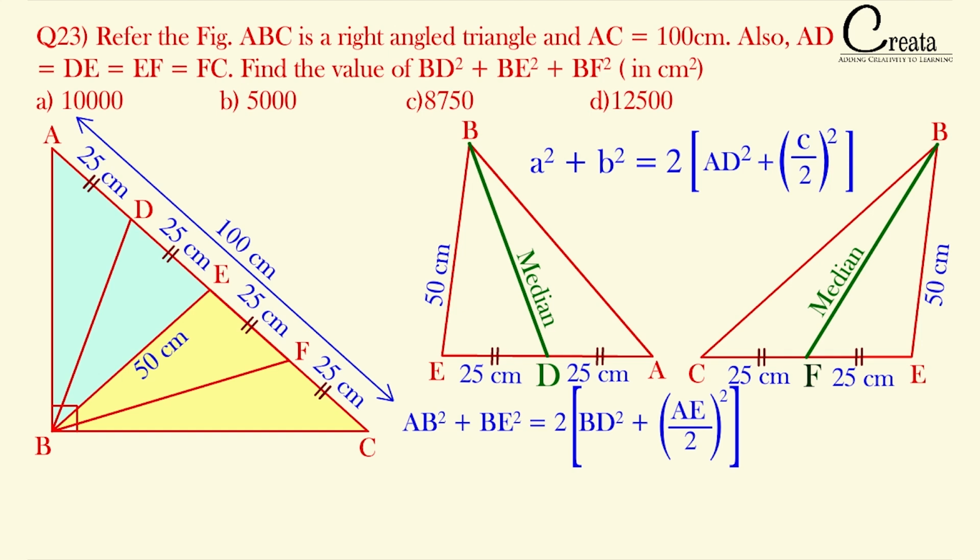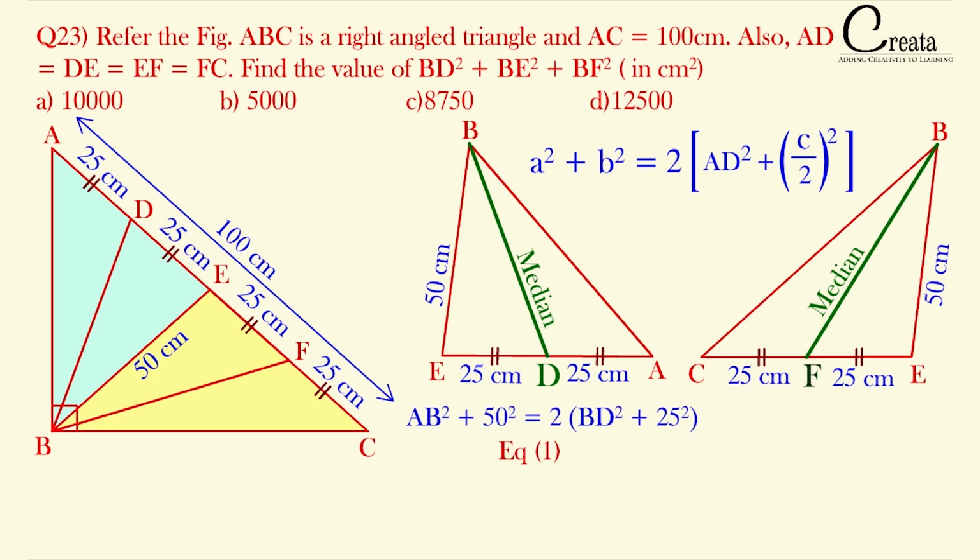So we got the formula AB square plus BE square is equal to twice of BD square plus AE by 2 square. Here BE is 50 cm that we have calculated and AE, that is the opposite side, is 50. So on putting the value, we got AB square plus 50 square is equal to 2 times BD square plus 25 square. Let's give the name to this equation as 1, that is, this is our first equation.